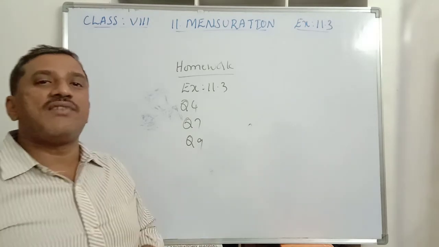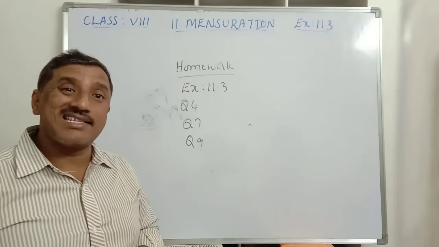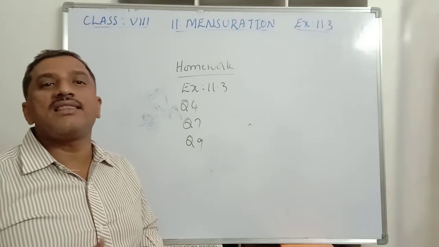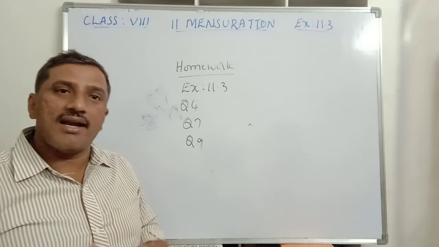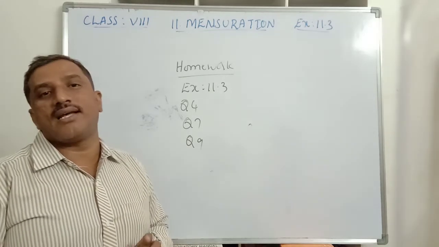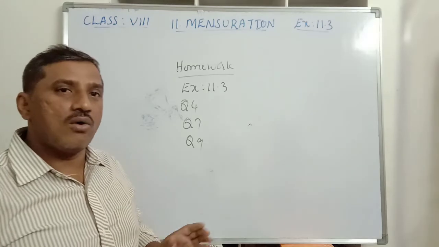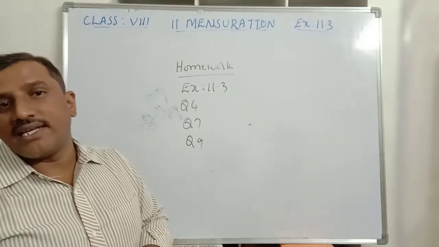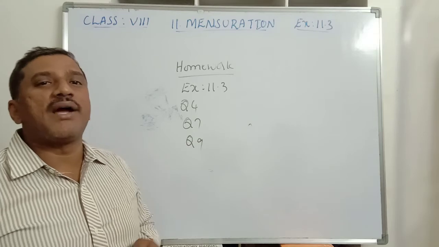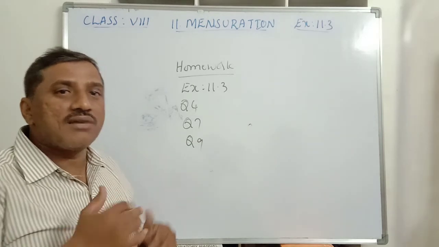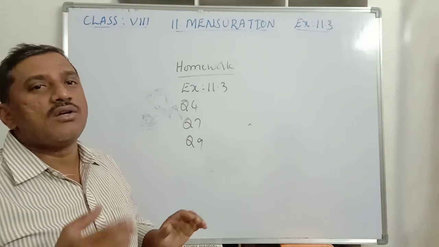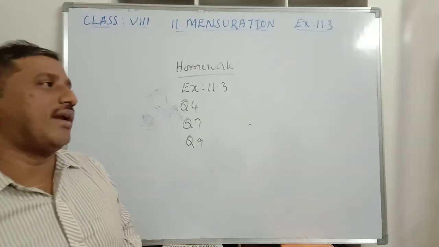Similarly, the total surface area of a cube is 6L square, where L is the length of each edge of the cube, and the lateral surface area of a cube is 4L square. Now the cylinder: the total surface area of a cylinder is 2 pi r into r plus h square units. The curved surface area of the cylinder is 2 pi r h square units.